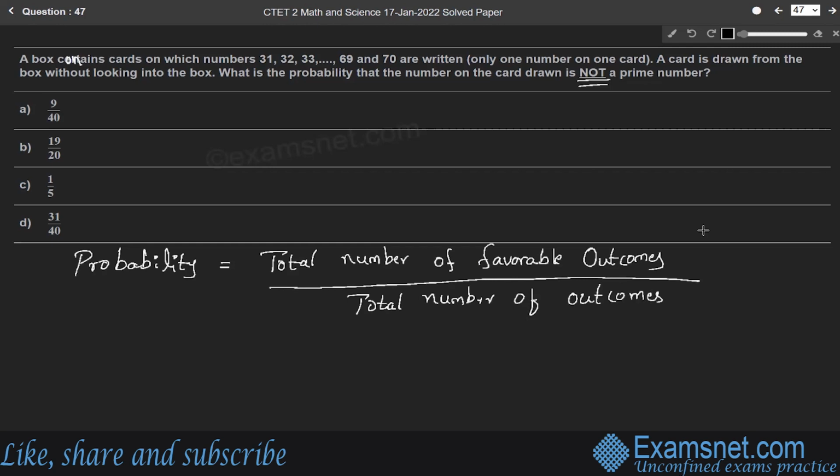Depending upon the situation, we can alter the formula as total number of expected outcomes or total number of favorable events divided by total number of outcomes, right?